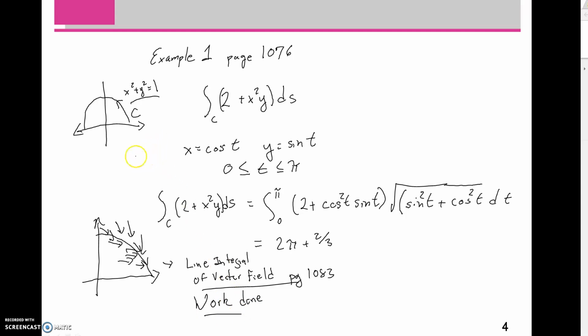An example of a scalar line integral is when we talk about maybe the density of a wire, linear density of a wire, and you're trying to find the mass of the wire. So you end up doing the line integral to find the mass of a wire when linear density changes. All right, thanks.